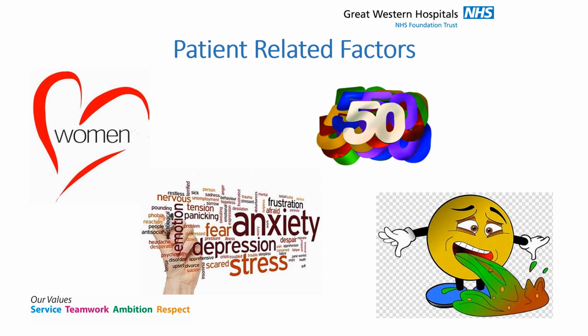I just want to talk about the patient-related factors for having an increased risk of nausea and vomiting. We've touched on that briefly on the previous slide, but what we do know is that nausea and vomiting is more common in women. It's also more common in men and women over the age of 50. And if you think about the patients we treat, a lot of those patients are over that age group, so it's just really important that we acknowledge that.